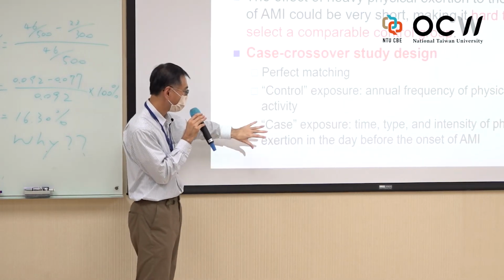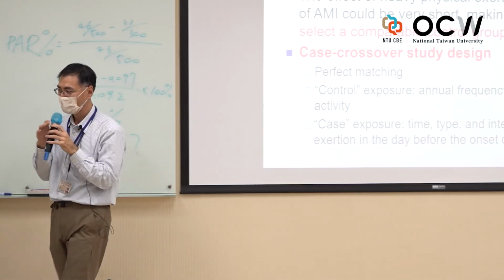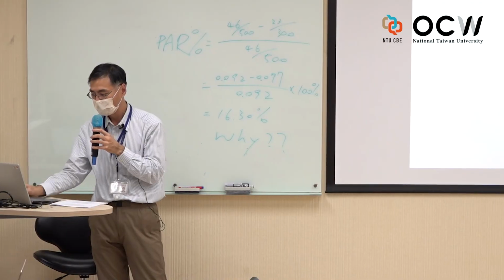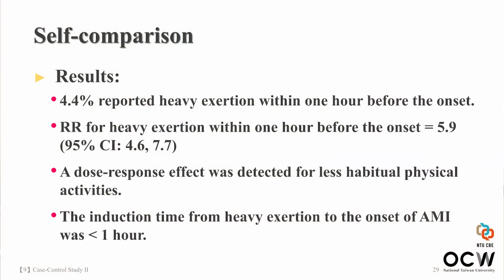So if you do it precisely, you could do a similar thing for the control periods to assess the very short period of time for the exposure to be effective. Okay. And results: about 4.4% of the cases reported heavy exertion within 1 hour before the onset. And the relative risk for heavy exertion within 1 hour before the onset is 5.9.